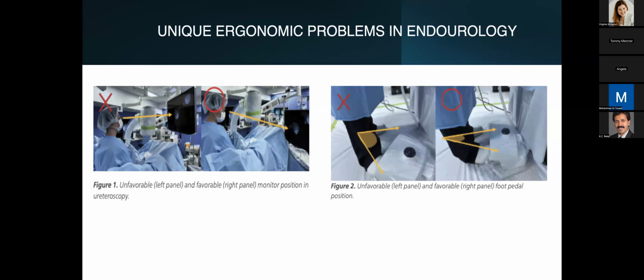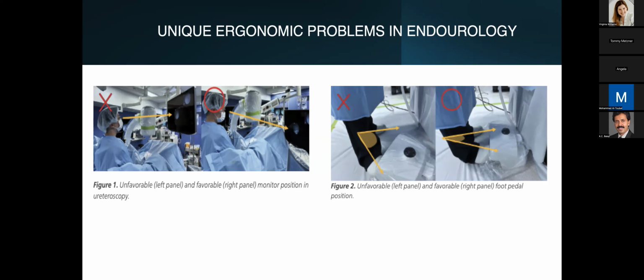Operations with larger prostate size were associated with both the occurrence and the severity of WMSDs. The number of surgeries, standing versus sitting, corrective eyewear usage, type of working element, and type of monitor did not affect the risk of WMSDs.